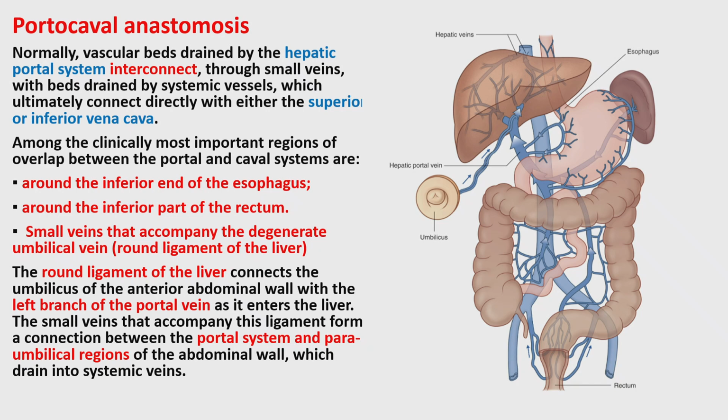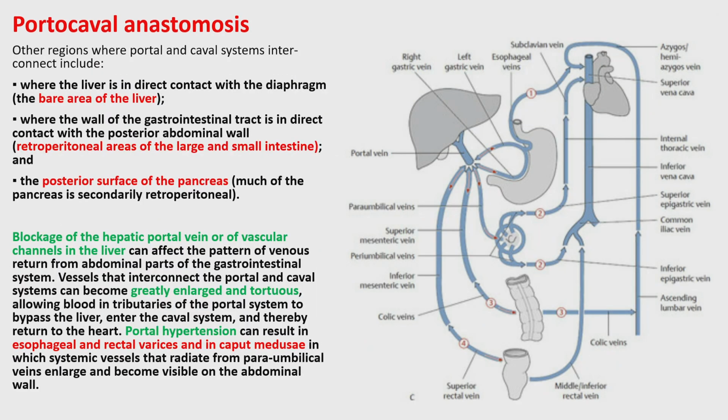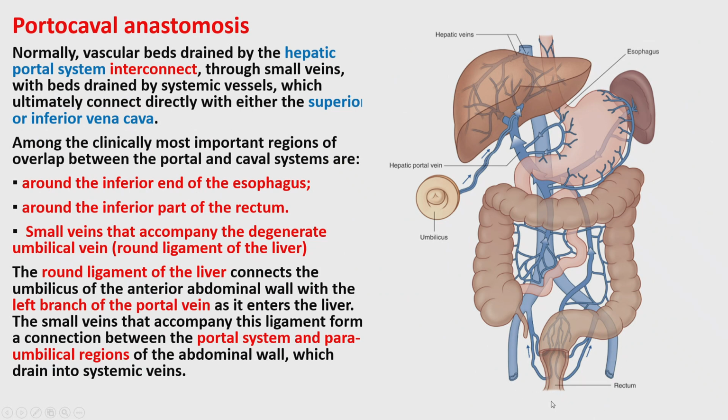then to the common iliac vein, then to the inferior vena cava. So in the rectum, the middle and inferior parts are draining to the internal iliac, to the common iliac, to the inferior vena cava, but the superior part is connected via the inferior mesenteric to the portal vein. So the superior, middle and inferior veins are anastomosing together.